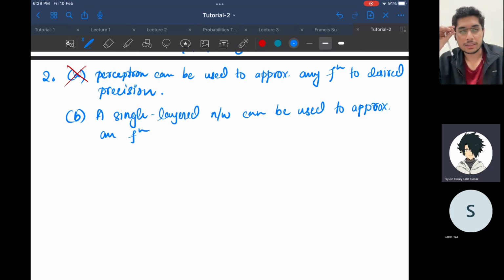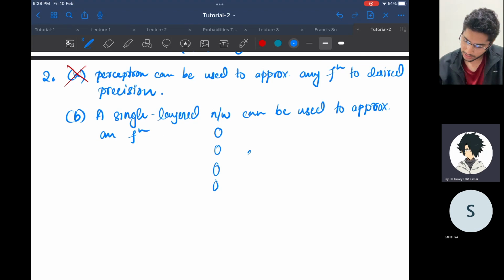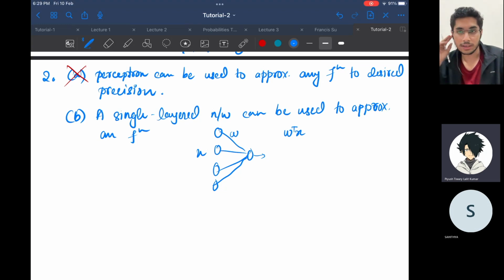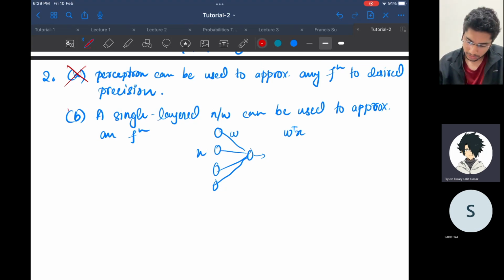Since there is no hidden layer, some inputs are connected to one output. If w are the weights and x is the input, you will have something like w transpose x, and this is again linear. You cannot approximate any function to desired precision and will incur some error, so this statement is also wrong.